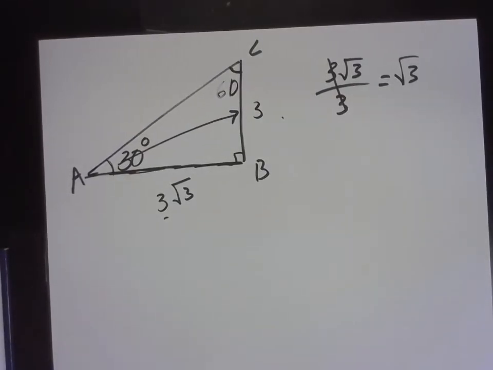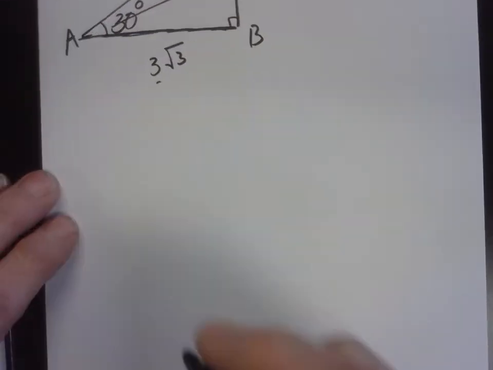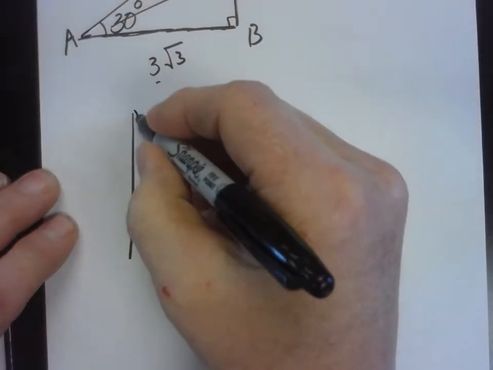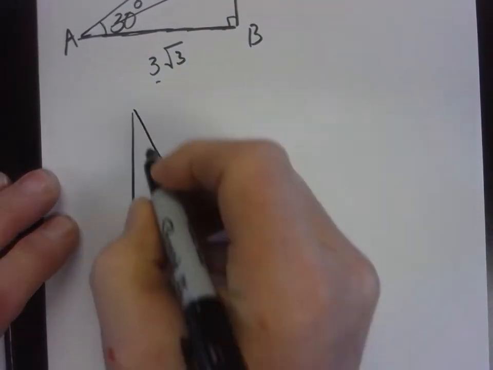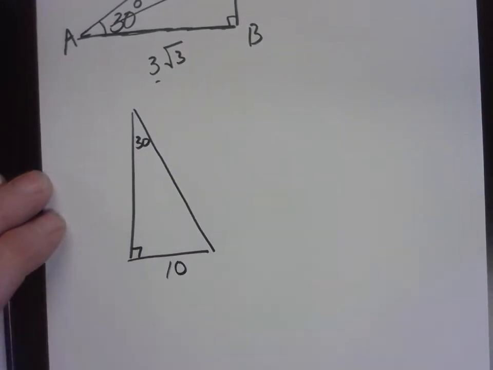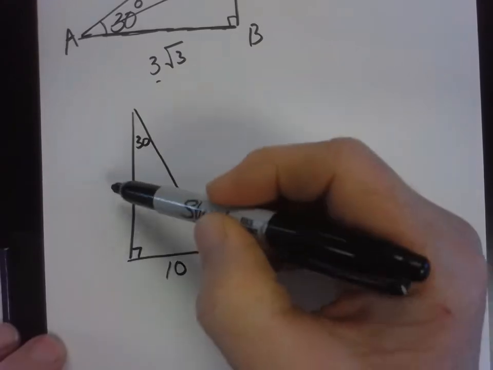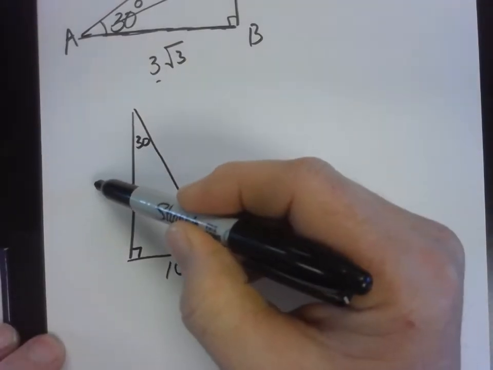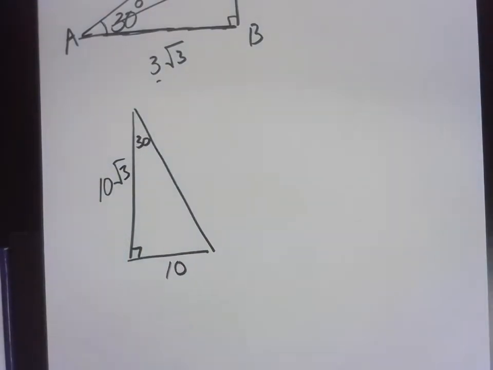Okay. Now we've kind of done this before, but okay, so if you know this one's 30 degrees and this is 10, how long is this side over here? Okay, it's 10 radical 3. You've memorized the relationship. You've memorized the ratio here.